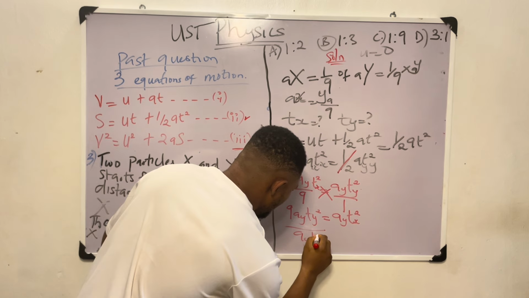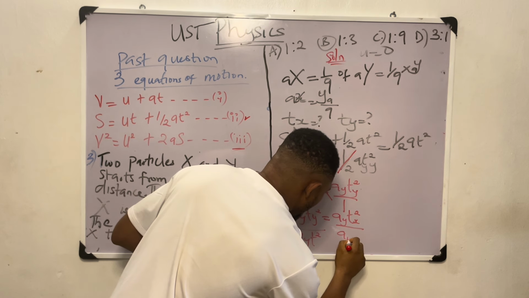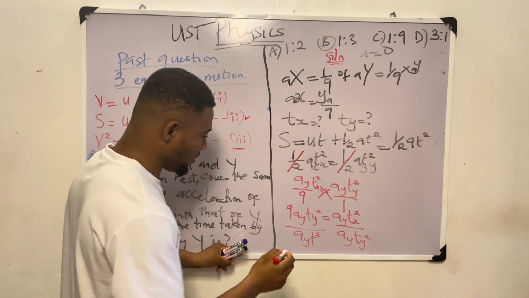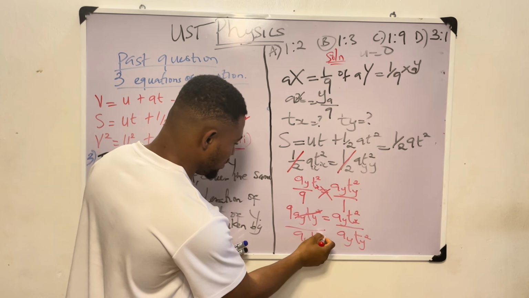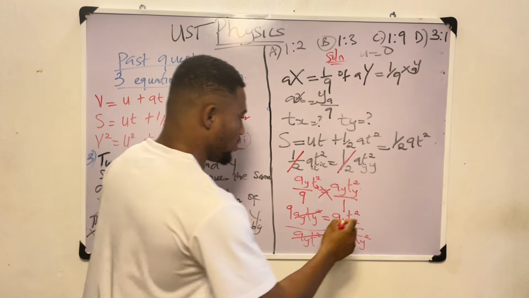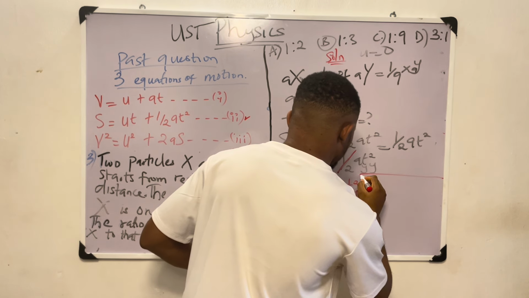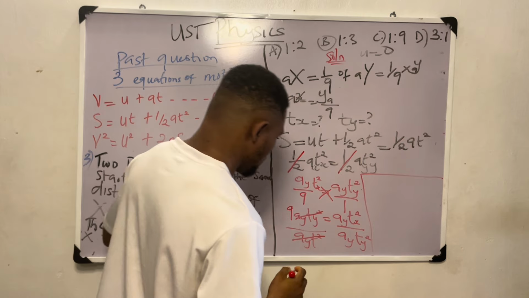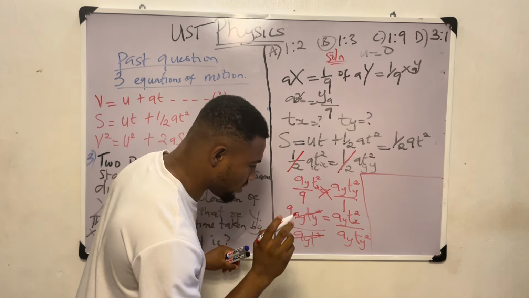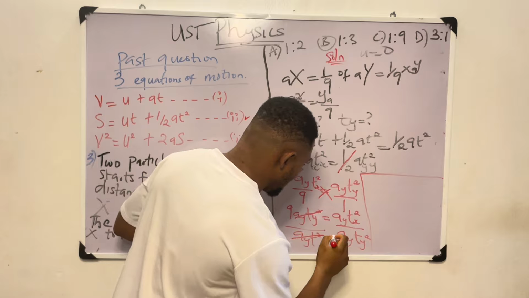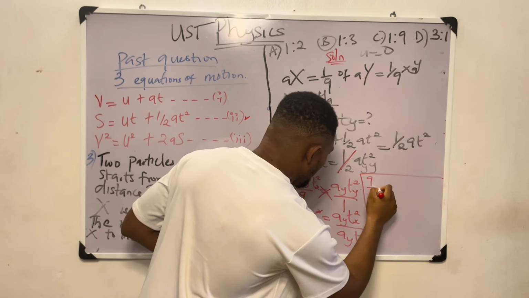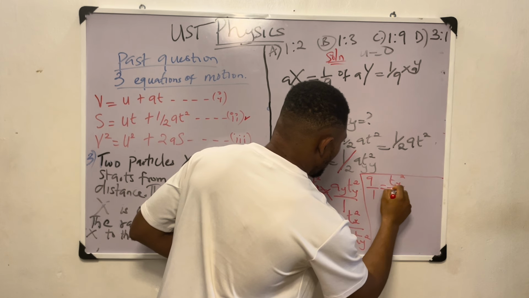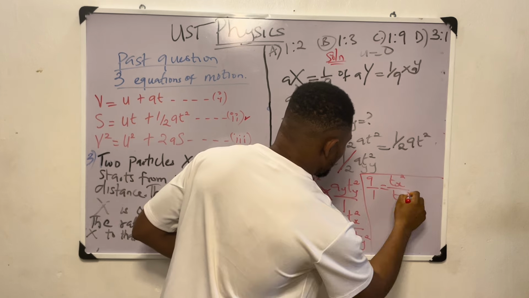Now look at what will happen. AY cancels out. Now look what is remaining here. We now have 9/1 equals Tx square over Ty square.